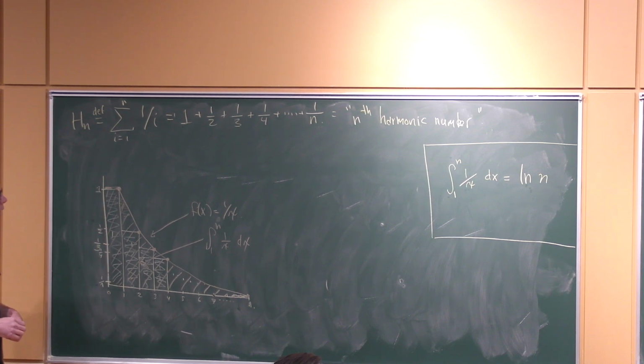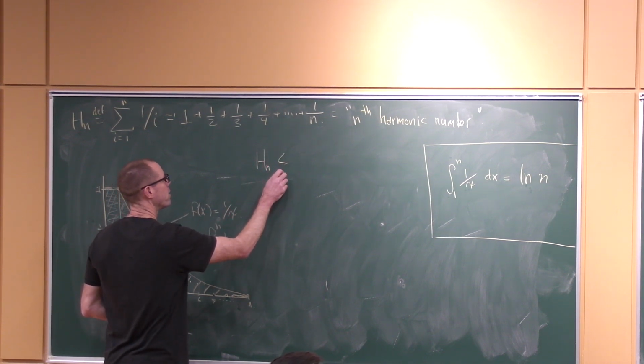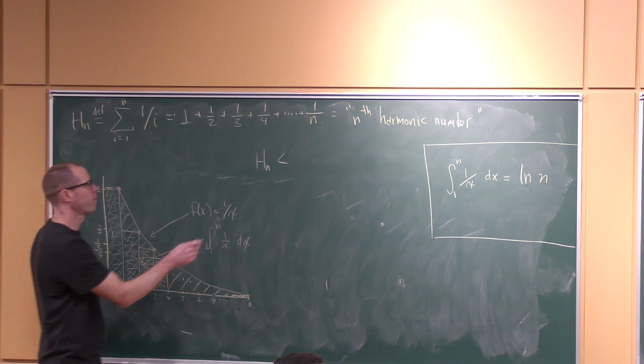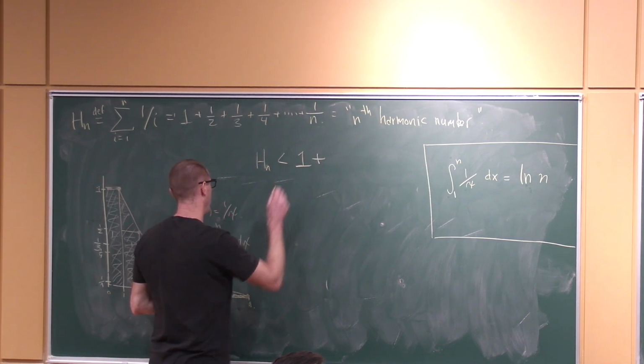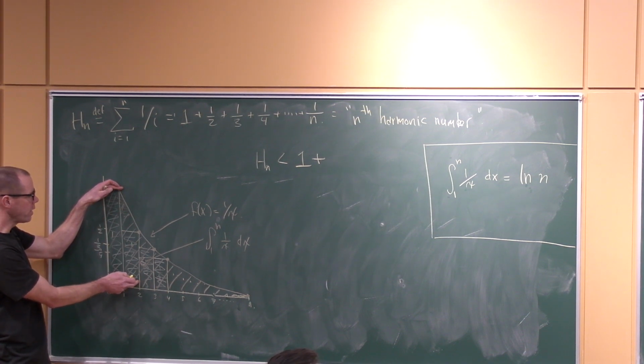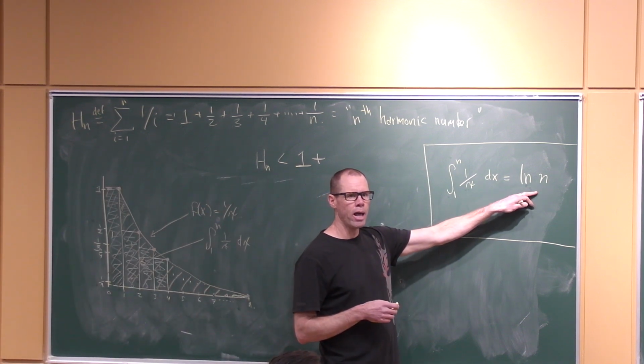So what does that mean? Well, that means that H of n is contained in this thing plus the area under this curve, that's this integral, but this integral evaluates to ln n.